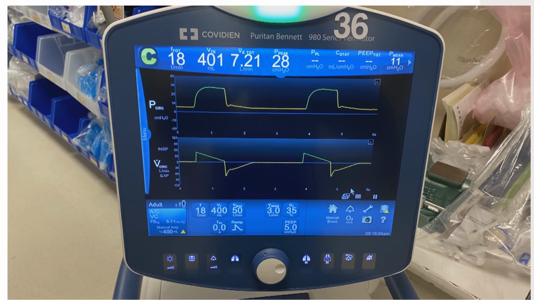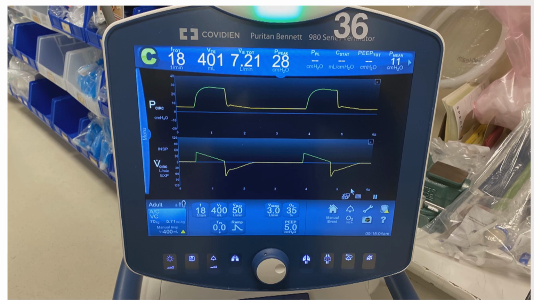Next is tidal volume, the VT, or the number here, 400. That's just how big of a breath the patient is going to receive. And then if we move over, it says O2 here, 35%. That's the FiO2, so that's how much oxygen the patient will be getting.